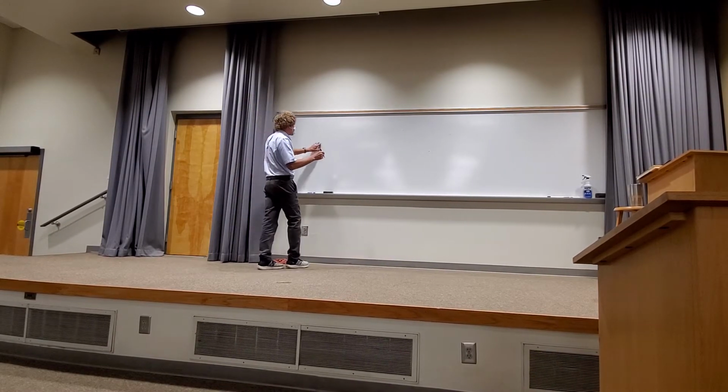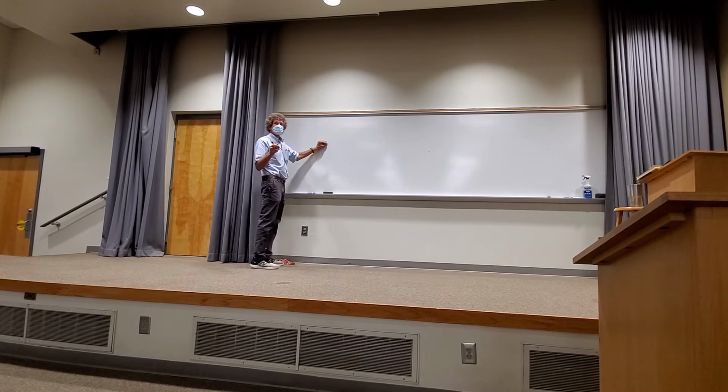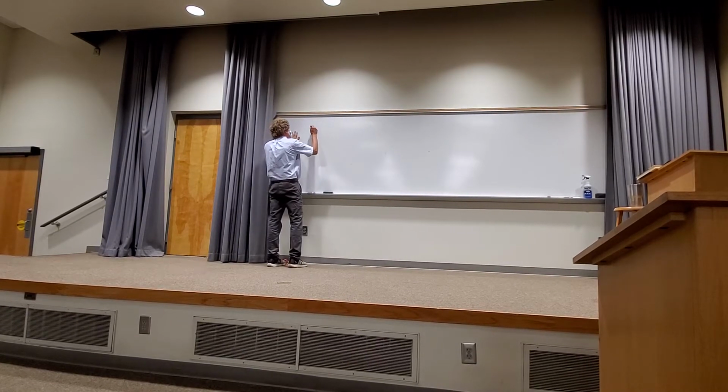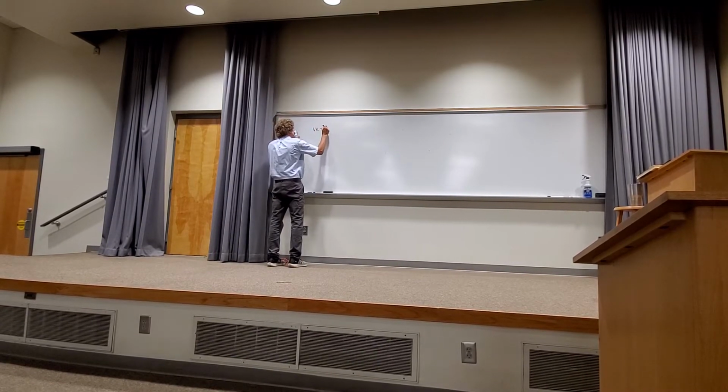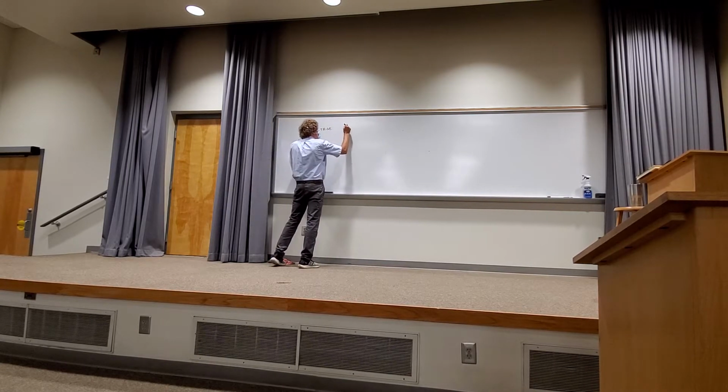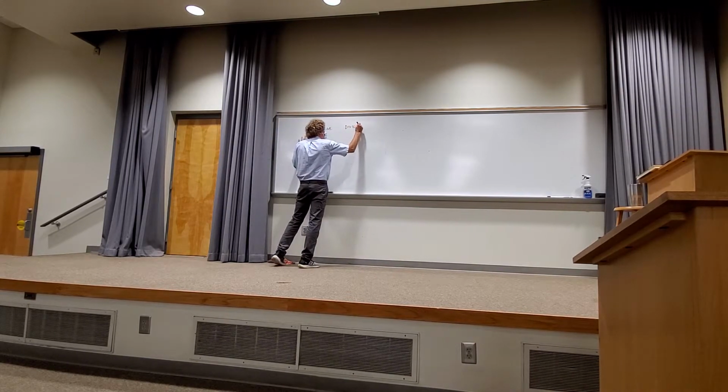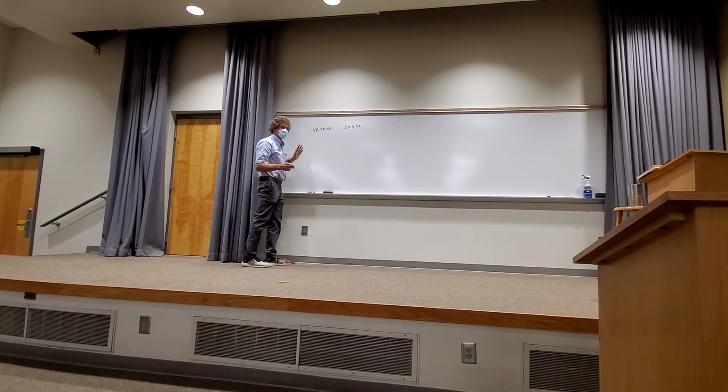So let me go through this, and this is going to be voltage and current division. First is going to be voltage division. So what is that? Let me show it to you in a nutshell.